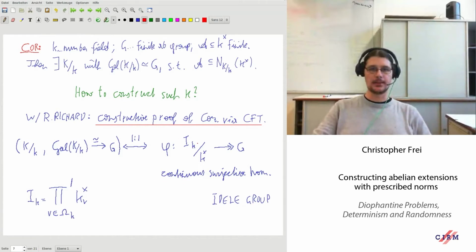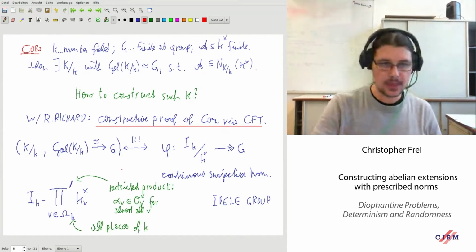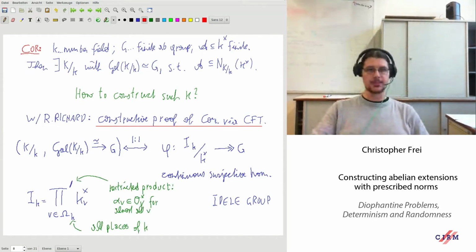So the idele group here, this I_k, I've written down a definition here, it's a restricted product over all places of my number field. And then I take the local field at this place. So that's a restricted product. This means that an element of this is a local unit, in O_v star, at almost all places.